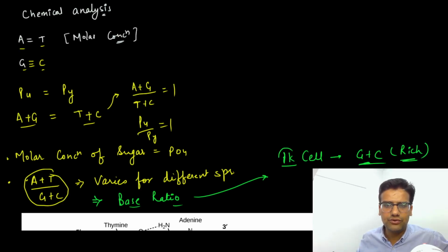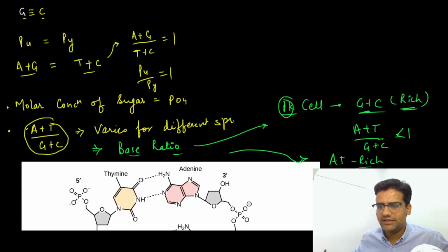But in the case of the eukaryotic cell, it is AT rich. AT rich means the A plus T upon G plus C ratio is greater than 1. So this is the base ratio.